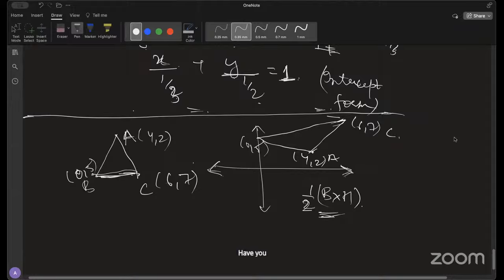Have you shared it in the chat box? Because I can't see it there. It's not in the chat box.